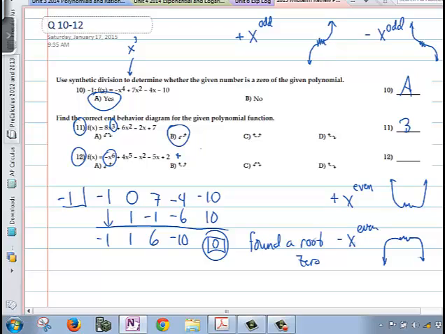Sometimes, someone may be trying to be sneaky and they'll put x to the seventh at the end. And then you may not look down there, and you'll think it's an even leading term, but you'll discount that and then not get the problem right. In this case, that's not what the problem has in there as a trick. It's straightforward. So it's going to look like choice C.